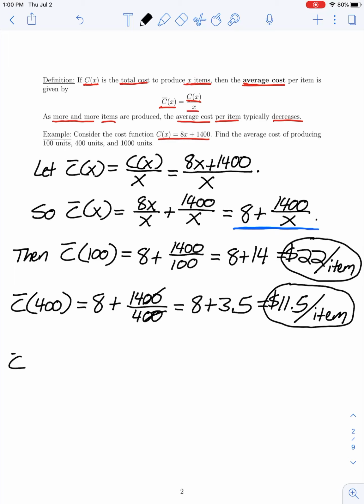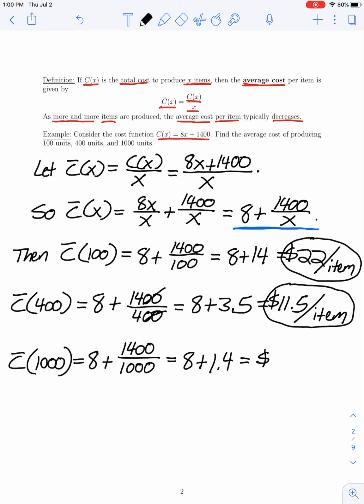So let's consider what happens when we produce 1,000 units. So plugging in x equals 1,000 to our average cost function, we have 8 plus 1,400 divided by 1,000, which reduces to 8 plus 1.4.